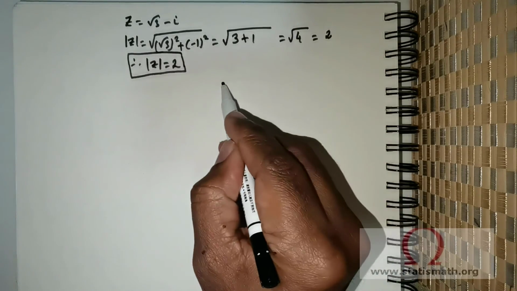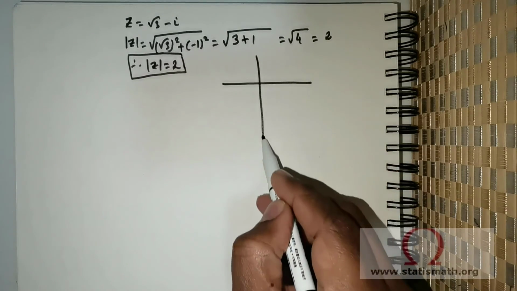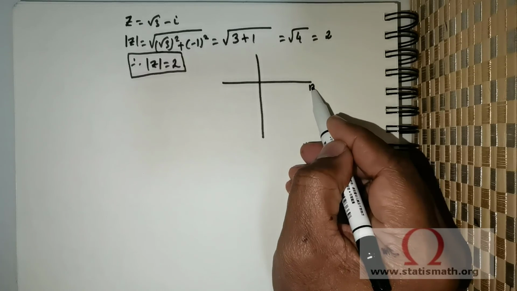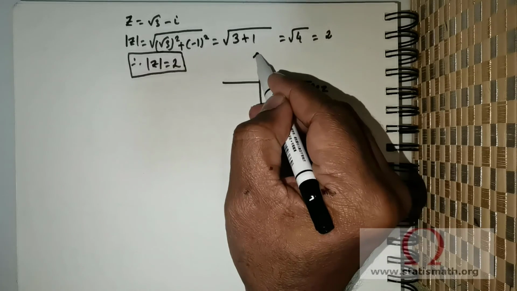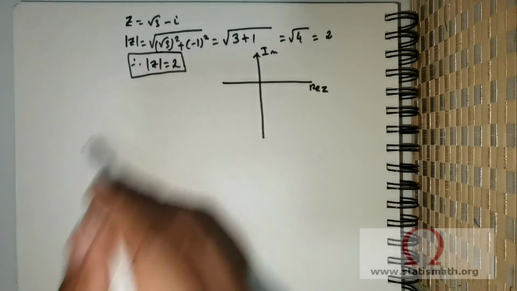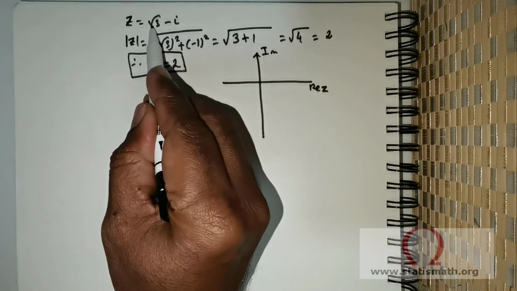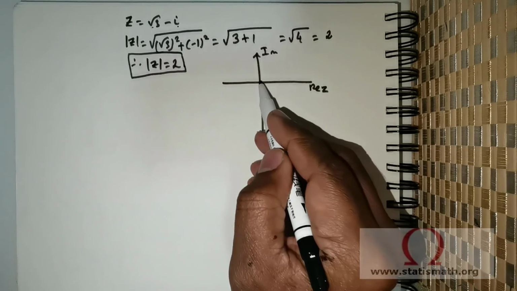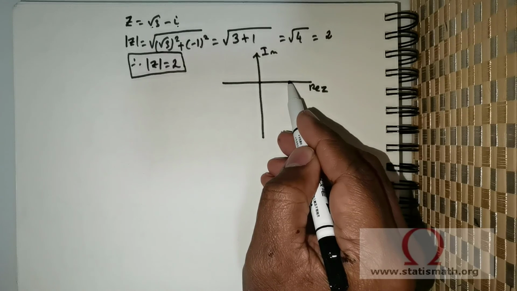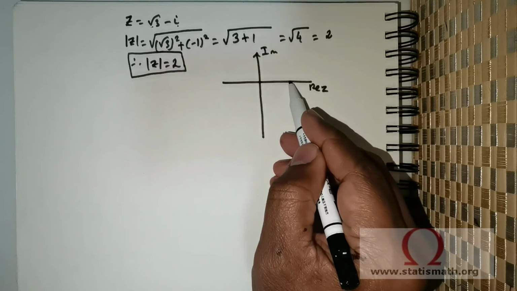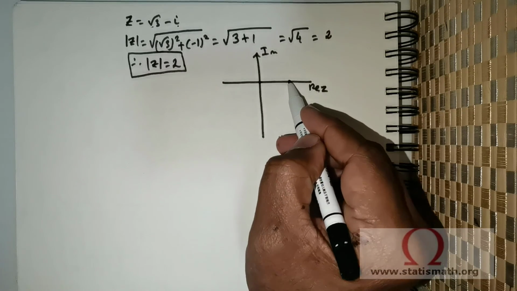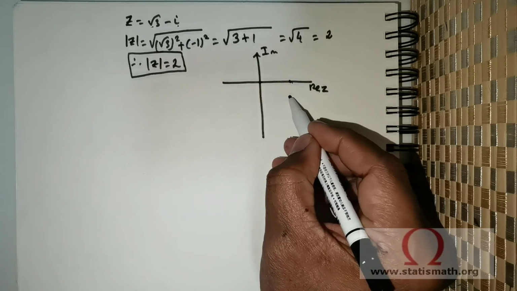Now we have to use the Argand diagram or Argand plane in representing the complex number. So this is √3 - i, so that means √3 units along the positive side of the real axis, so that's going to be here, and -1 unit is going to be down.